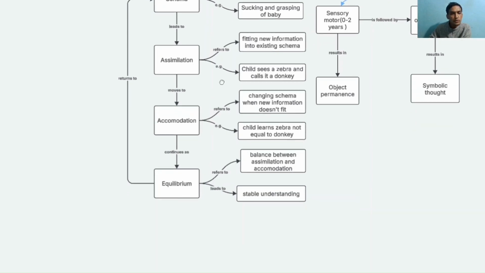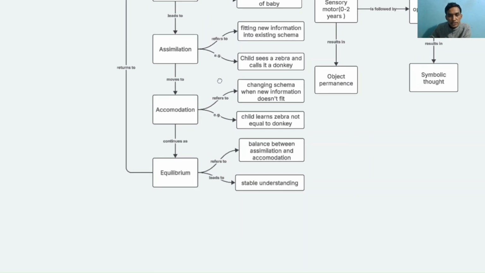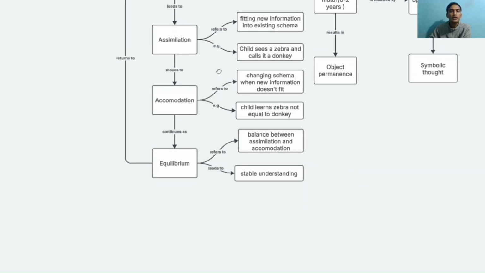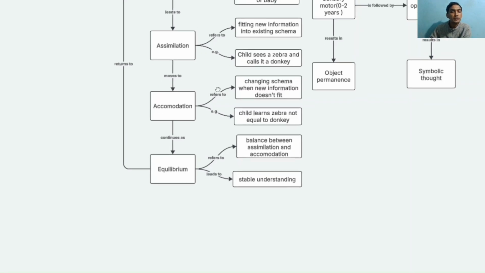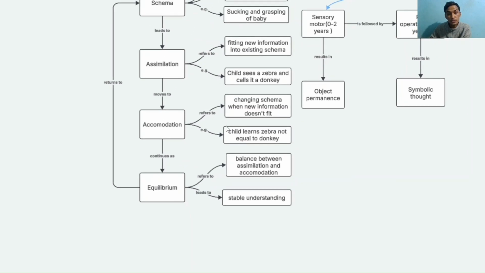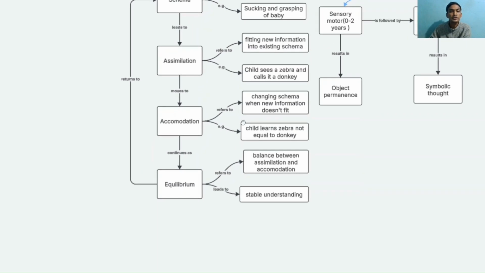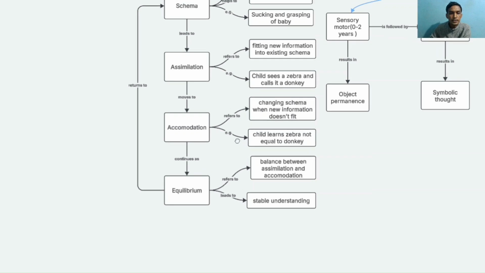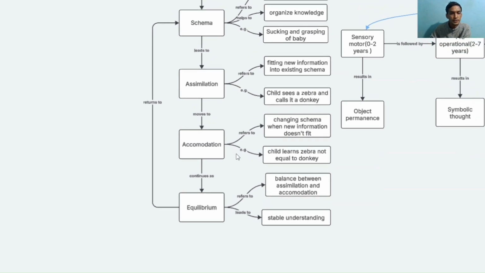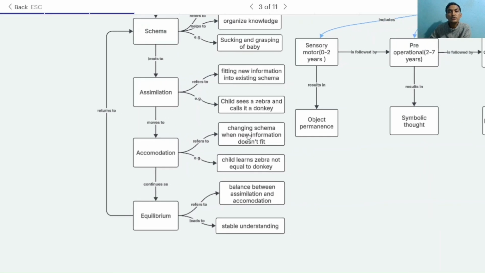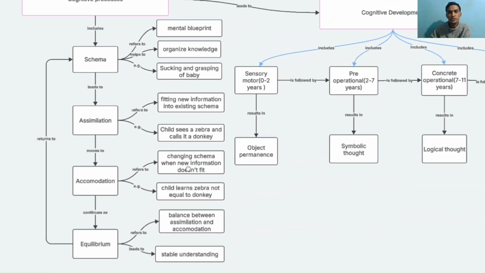Assimilation moves to accommodation, which refers to changing the schema when new information does not fit. The example is the child learns zebra is not equal to donkey. Accommodation continues as equilibrium, which refers to the balance between assimilation and accommodation. Equilibrium leads to stable understanding, and it returns to schema, which completes the cognitive process.